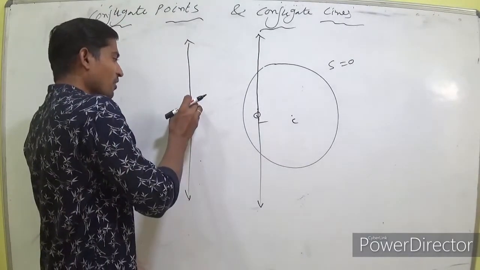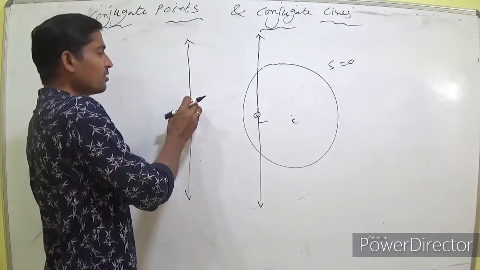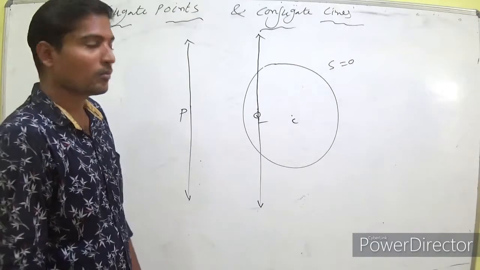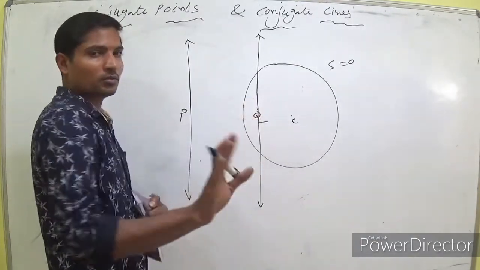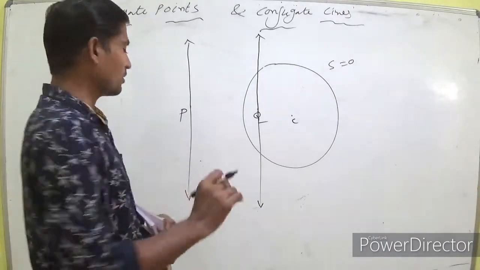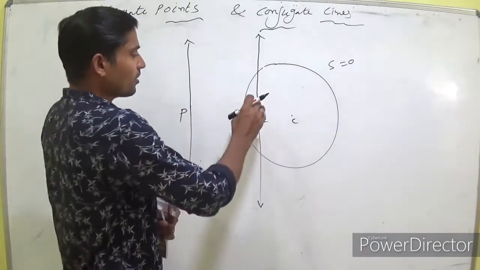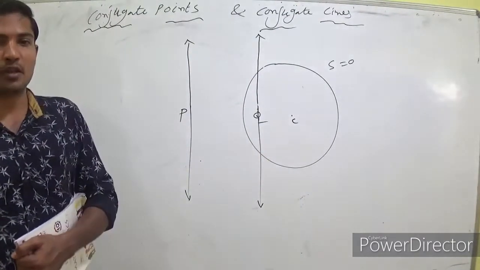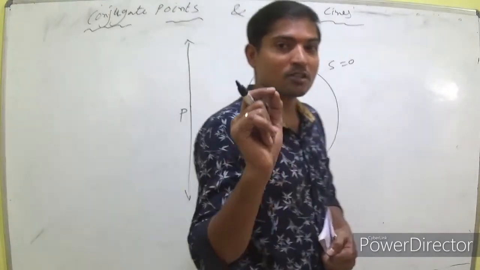Suppose if I take P as a point, its polar passes through Q, and Q as a pole, I mean to say poles here. P is a pole and Q is a pole. Q is a pole, its polar passes through P. Once remember before what is pole and what is polar.